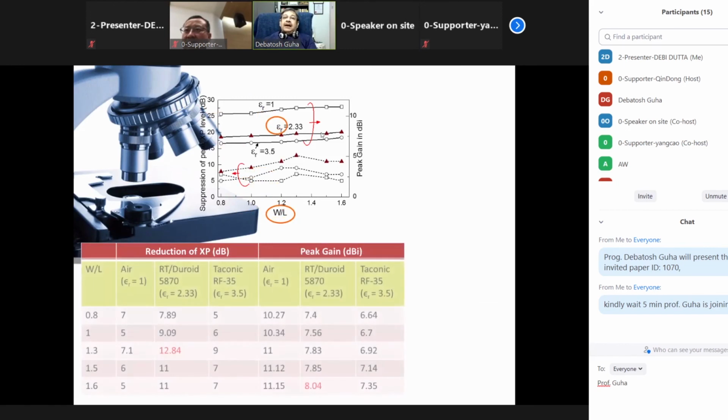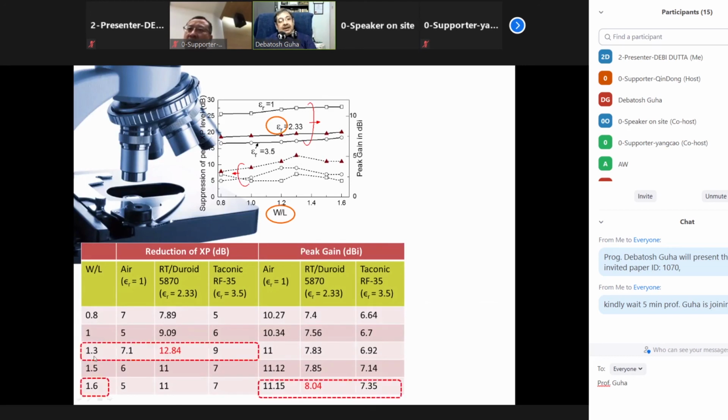If I change the dielectric constant of the substrate, is it working? Or if I change the aspect ratio of the patch, is it working? Good, look at here. For 1.3 aspect ratio, you are going to get your best result in terms of cross-polar separation. In terms of peak gain, 1.6 is the best one.